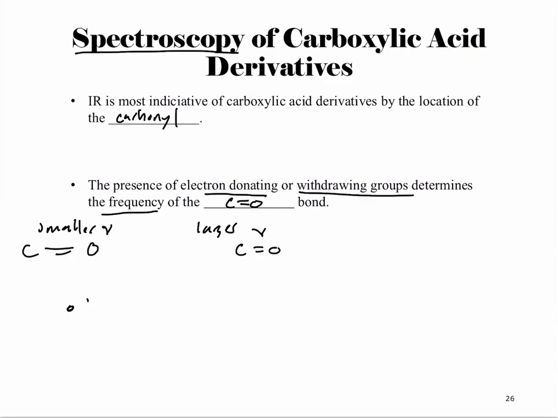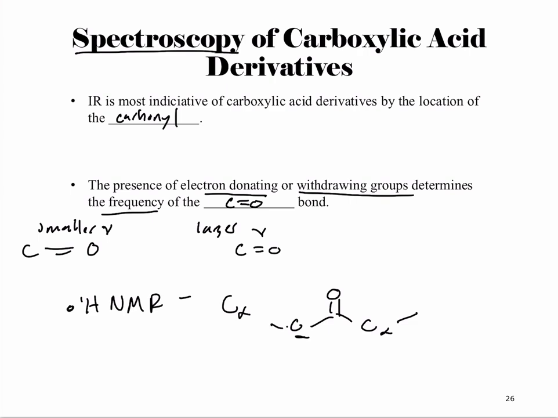There's also proton NMR. And the only thing of relevance for the proton NMR is the alpha carbon, right? So if this is our carbonyl, this is the alpha carbon right next to it, if it's a ketone, so on and so forth.